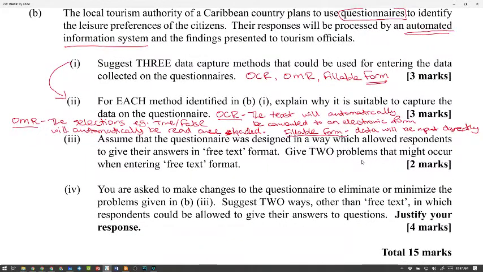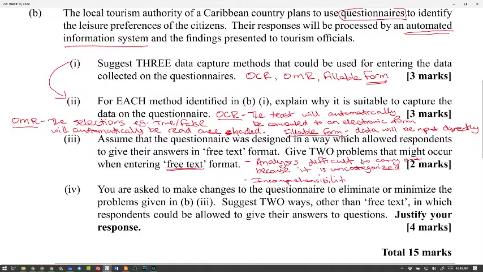Assume the questionnaire was designed in a way in which it allowed respondents to give their answers in free text format. Give two problems that might occur when entering free text format. So free text format is basically you write what you want at that point in time, and there is no framework for you to put the answer in.